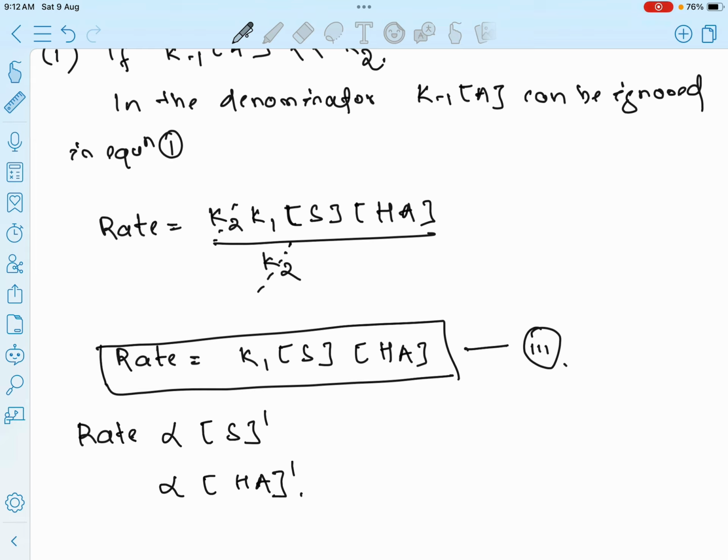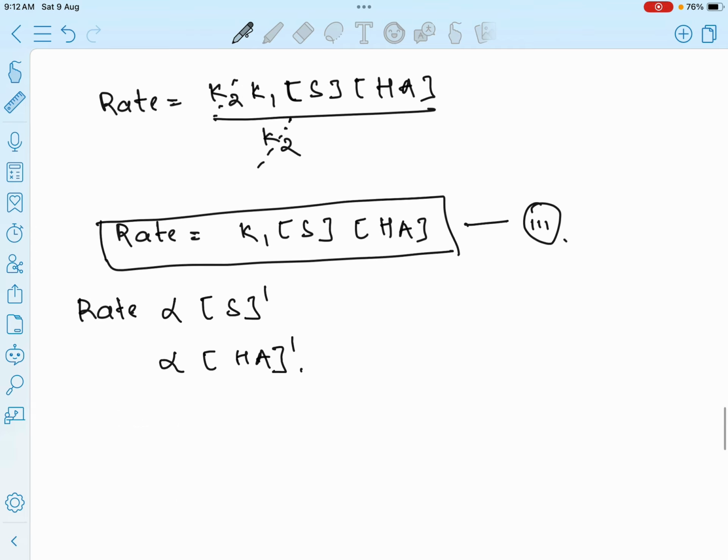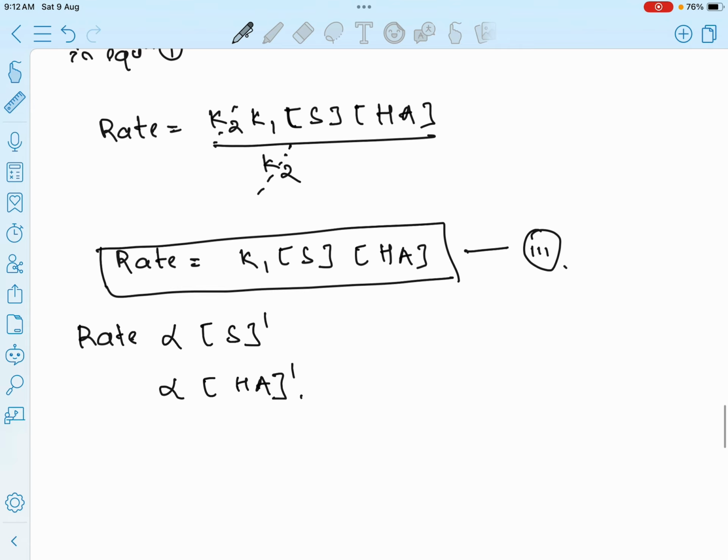That means it can be considered as a general acid catalysis reaction, as the rate of the reaction is first order with respect to HA.